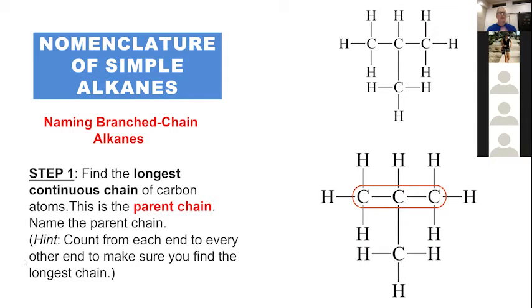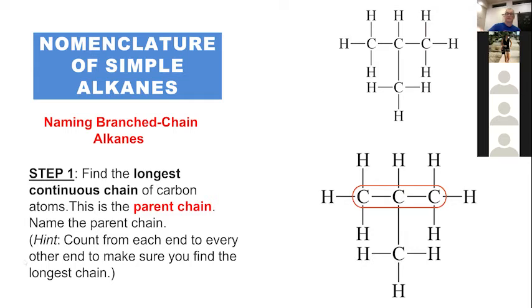So here's one here. We want to find what is the longest chain of carbons we can make in a row. Have a look, because there's actually two ways to look at this. What's the longest number of carbons? 3 in a row.